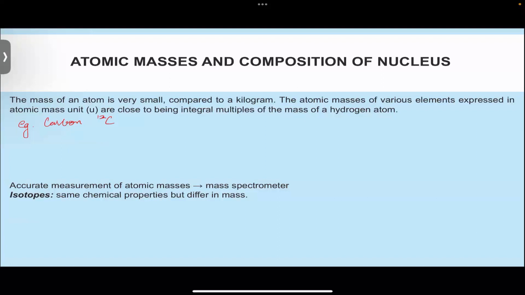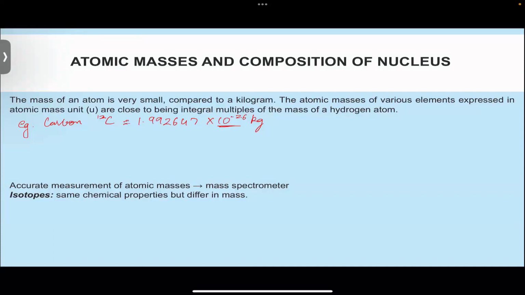This is how we denote an element. The mass of the carbon atom is 1.992647 into 10 raised to minus 26 kg. You can see that the mass of the carbon atom is very, very small.